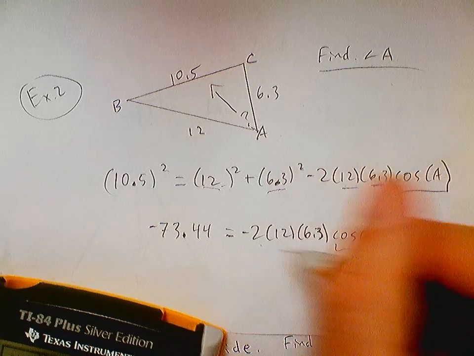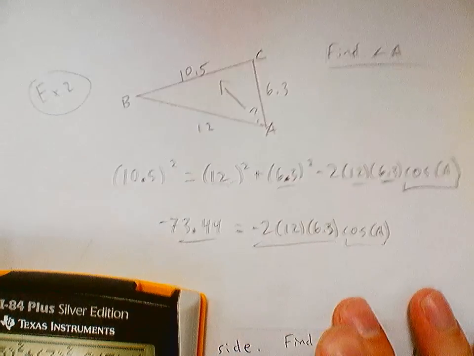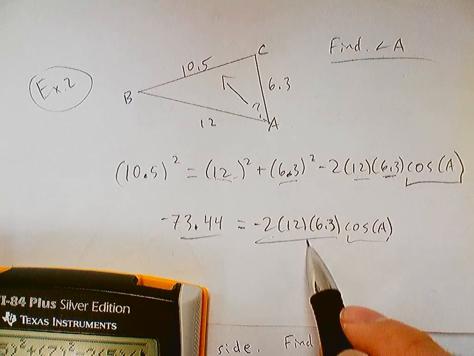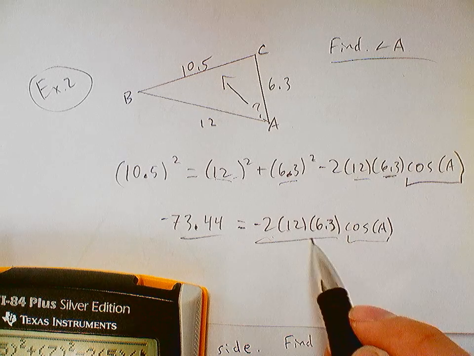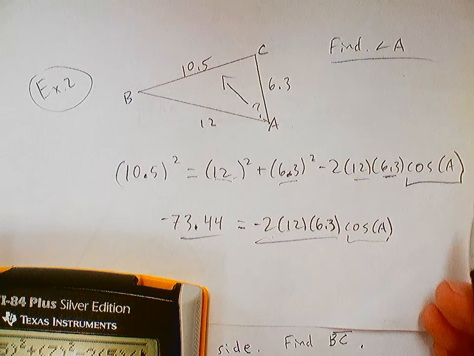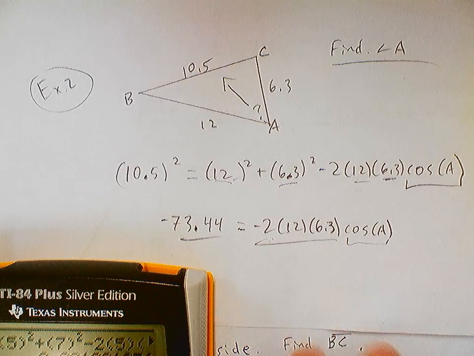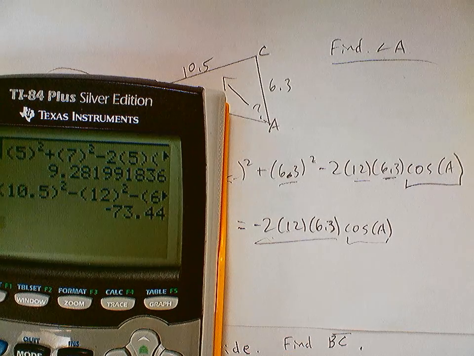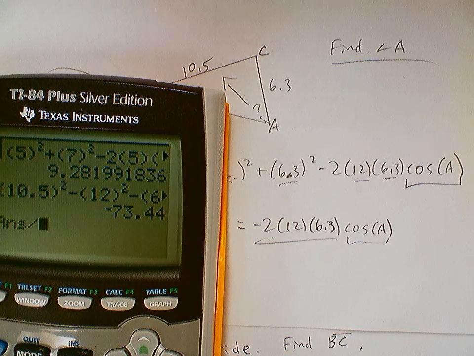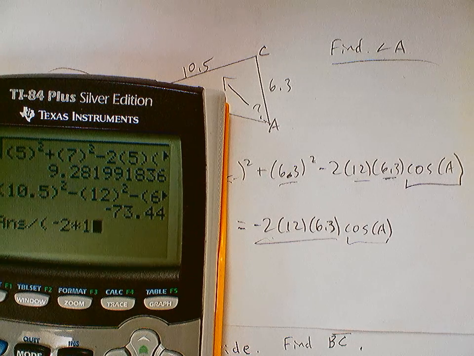So what I'm going to be doing here is dividing both sides by this product. So cosine of A times this mess, I've got to divide both sides by that mess. So that's what I'm going to do on my calculator. I've already got the negative 73.44 in there, so I'm going to divide by negative 2 times 12 times 6.3.